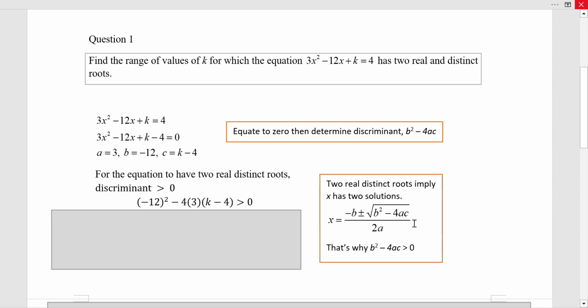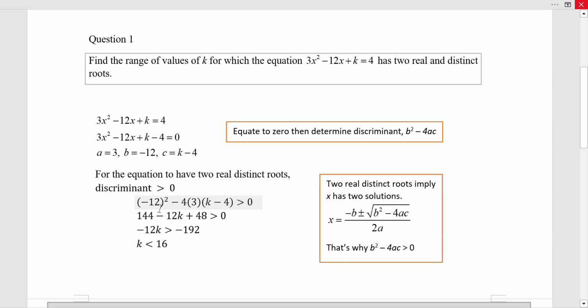If it is smaller than 0, there are no real solutions, which means you do not have any real roots. After equating into the inequality, you simplify it and you'll get k smaller than 16. So when k is smaller than 16, this equation has two real and distinct roots.